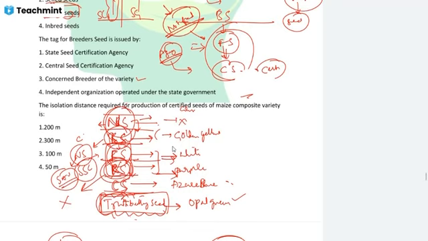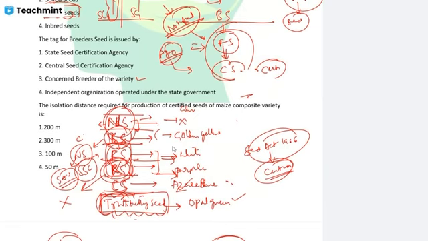Why? Because according to the Seed Act 1966, they took care of certification. Why did they take care of certification? In order to ensure the quality of seeds that are in the market. But something was missing. They said that if you want to get your seeds certified, then notification is compulsory, but certification is voluntary.